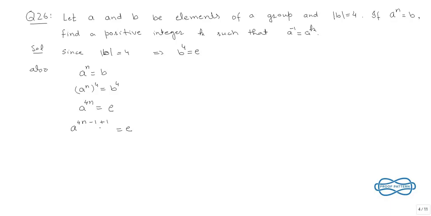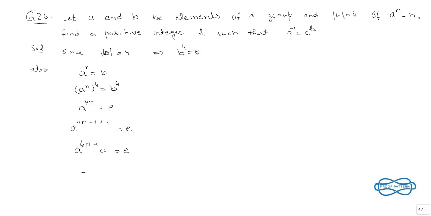I have added and subtracted 1, and this can be written as A to the power 4n minus 1 into A is equal to e. We can see that with this element A, we have multiplied another element A to the power 4n minus 1, and we get the identity.